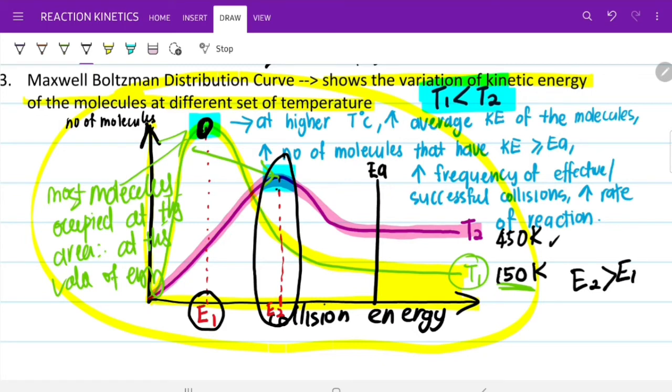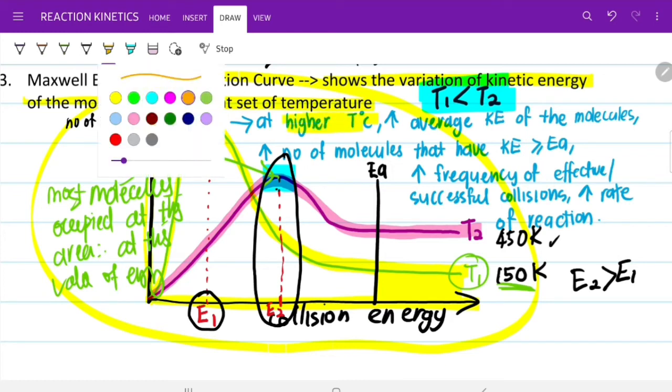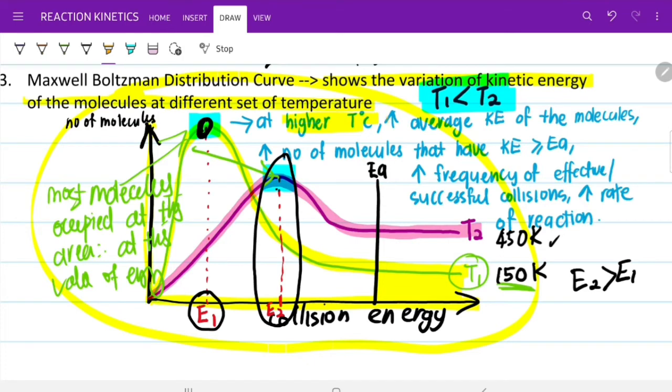That means at higher temperature, the average kinetic energy of the molecules increases. So more molecules will have kinetic energy greater than or equal to the activation energy, resulting in a higher frequency of effective collisions, or successful collisions, and a higher rate of reaction.